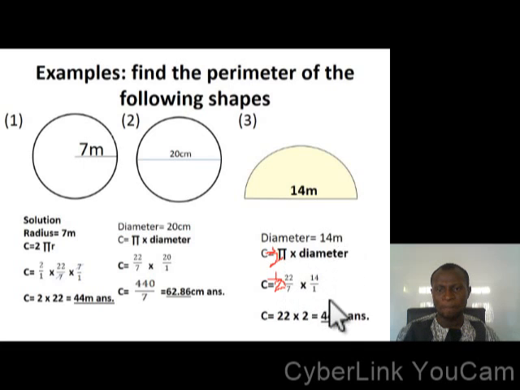So from there, we can say 7 divide 14 will give us 2. Then 2 divide 22 will give us 11.